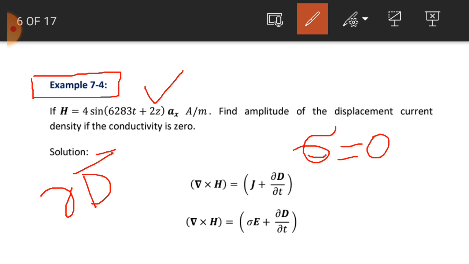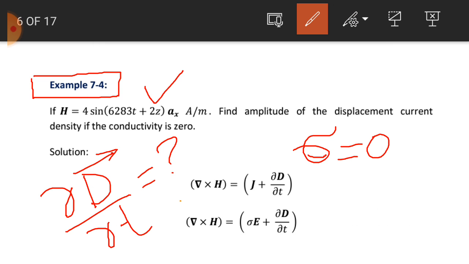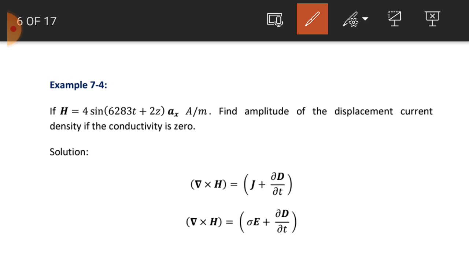So the displacement current density is basically equal to curly D by curly t. We need to find out curly D by curly t in this numerical example. So we recall one of the 4 equations of Maxwell.